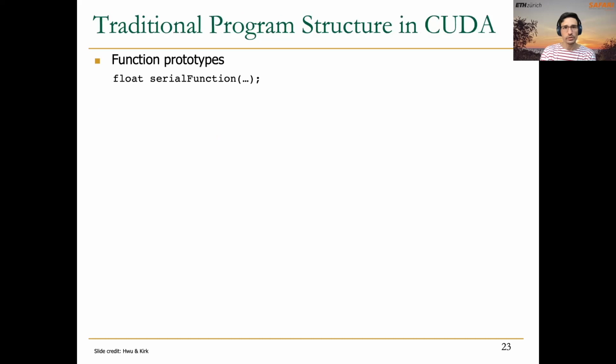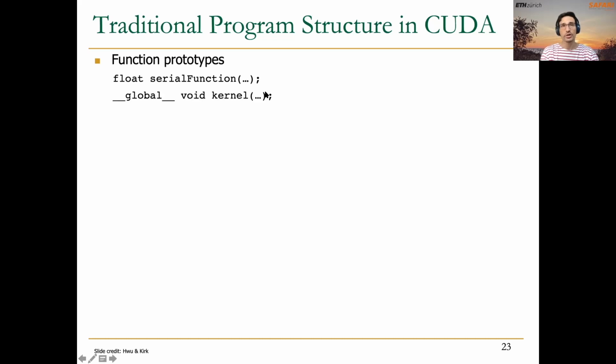Continuing with the traditional programming structure in CUDA, we are going to see a little bit of code already. We will have function prototypes for the CPU functions. They will keep being the same as usual. In C, the function declaration can be, for example, this one, float serial function with its own arguments.